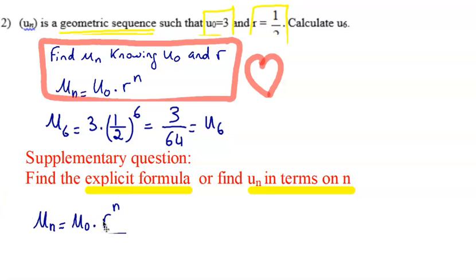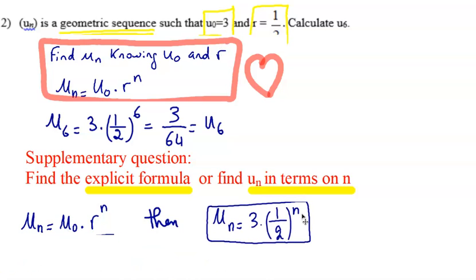The formula is un equal u0 times r to the exponent n, as we've seen before. Then we replace u0 by its value, which is 3, and r by its value, which is half, and we get un equal 3 times 1 over 2 to the exponent n. This is the explicit formula, or un in terms of n.